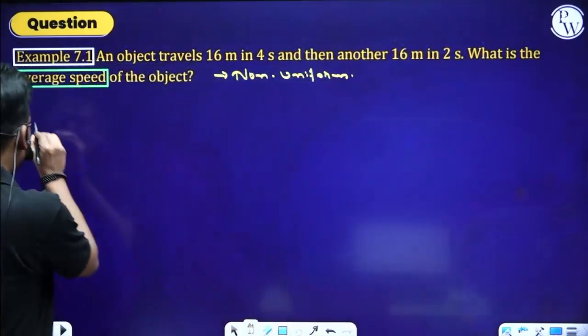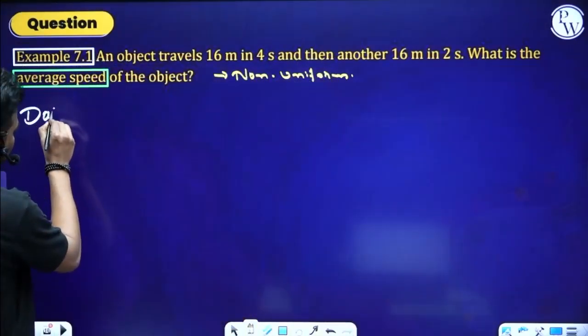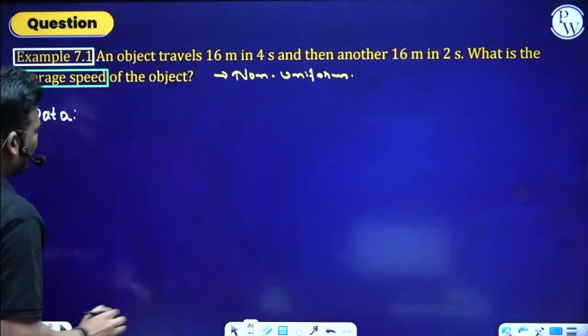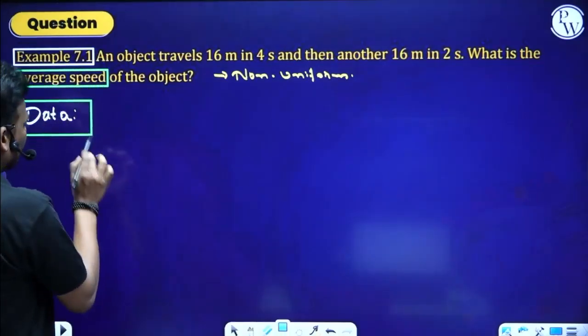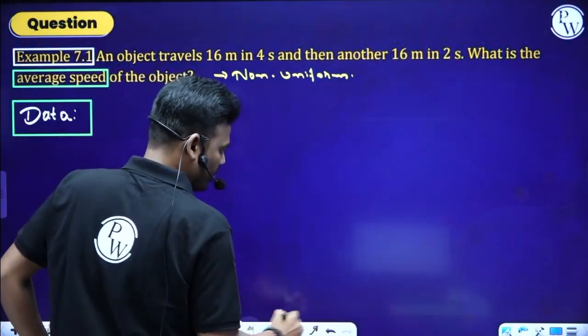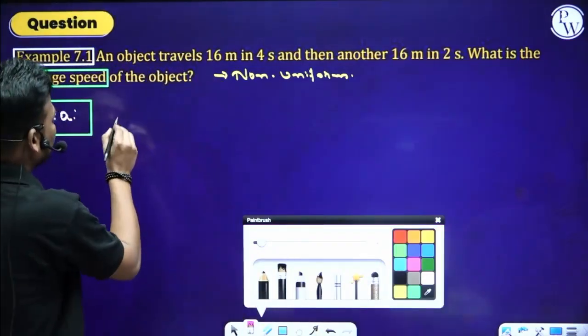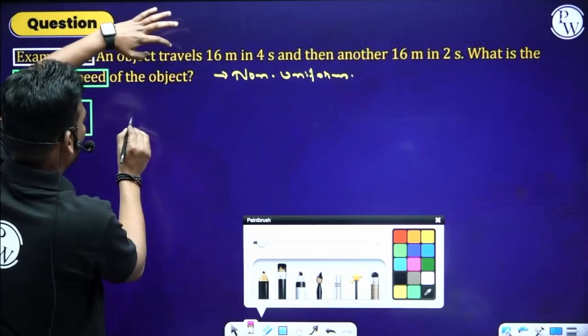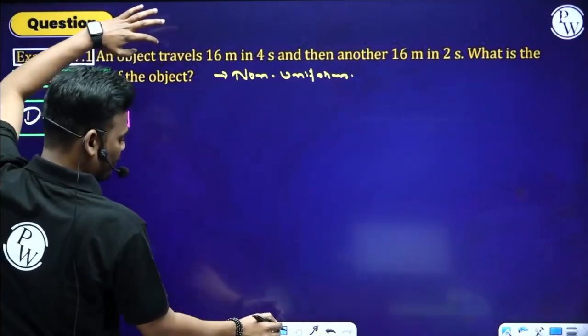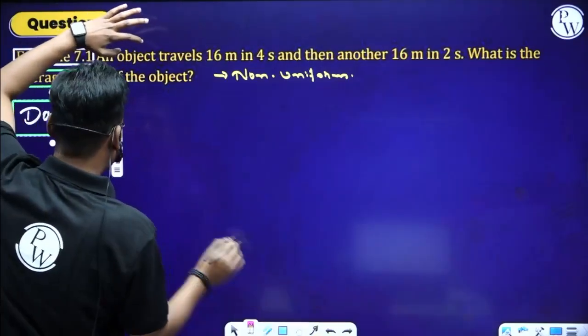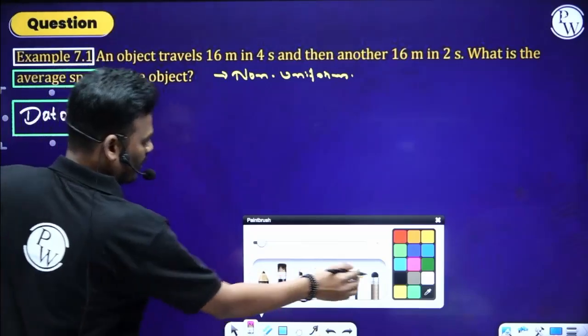First, you need to write down the given data. What is that data? You see, what is the distance? The first distance, distance 1. How much total distance? Total distance first we have to write.